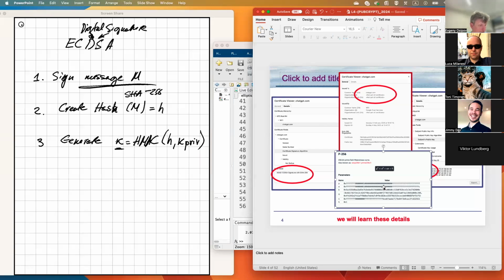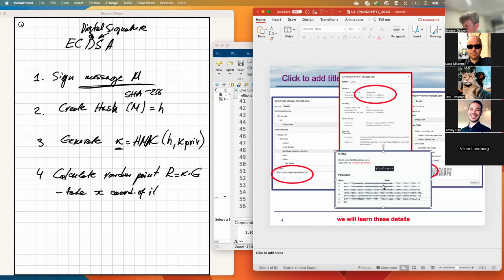Somehow you generate a key based on a certain rule, and then you calculate a random point on the curve, which is R equals K multiplied by G. What you do basically is take the X coordinate of it.